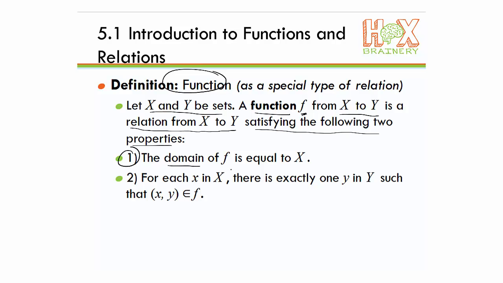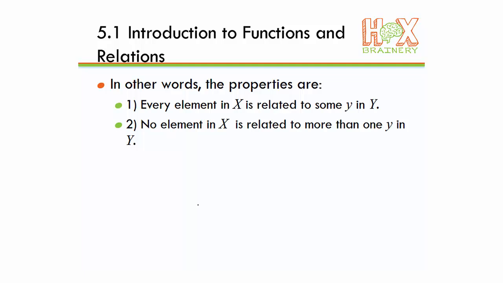One, the domain of f is equal to set X, and two, for each x in set X, there is exactly one y in set Y such that the ordered pair (x, y) is an element of the function. So in other words, the properties are that every element in set X is related to some y in set Y, and no element in X is related to more than one y in set Y.